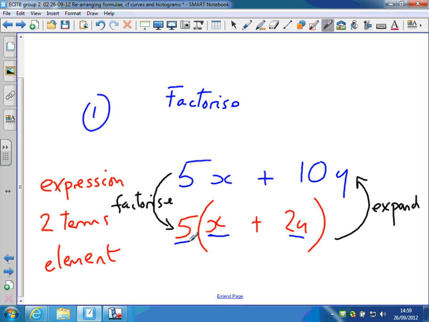So x times 5 gives me 5x. 2y times 5 gives me 10y. So these words are worth trying to know. As far as an engineer is concerned, it's not crucial, but to be able to do that process, I'm going to be asking you to do in the maths. I'm going to be asking you to factorize, expand, and I'm going to talk about expressions, terms, and elements.